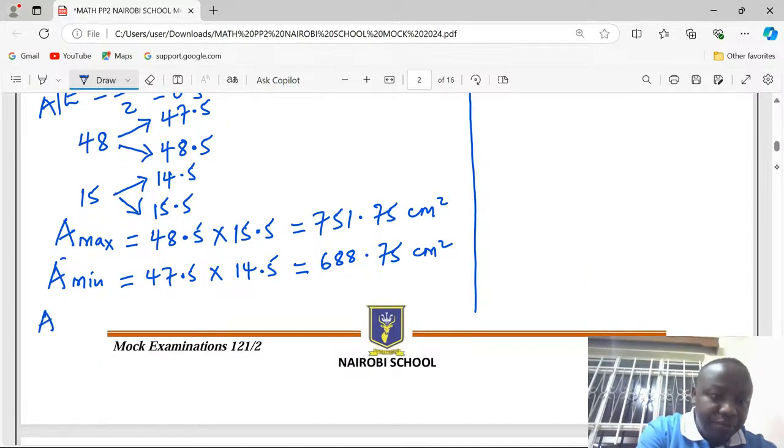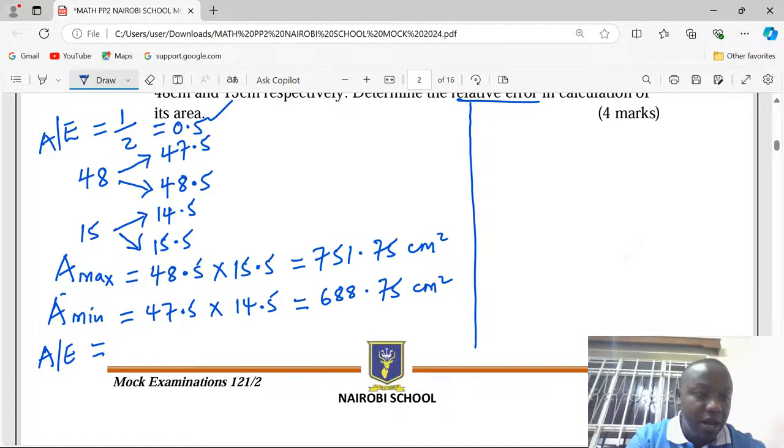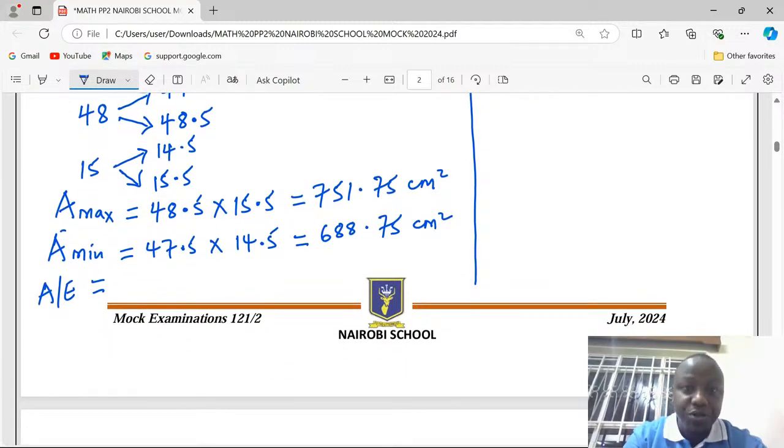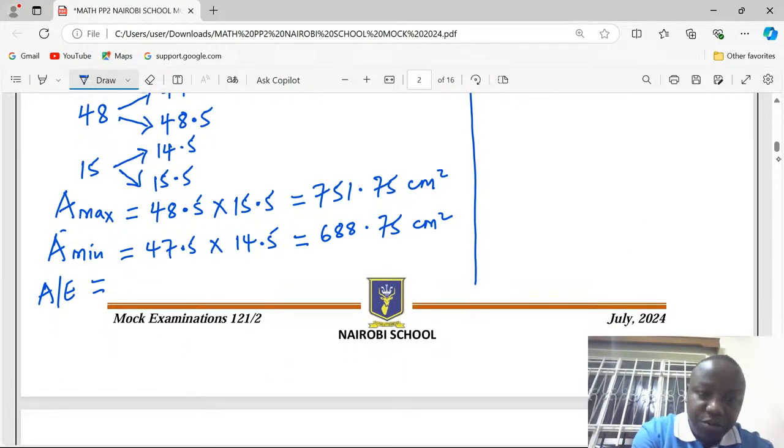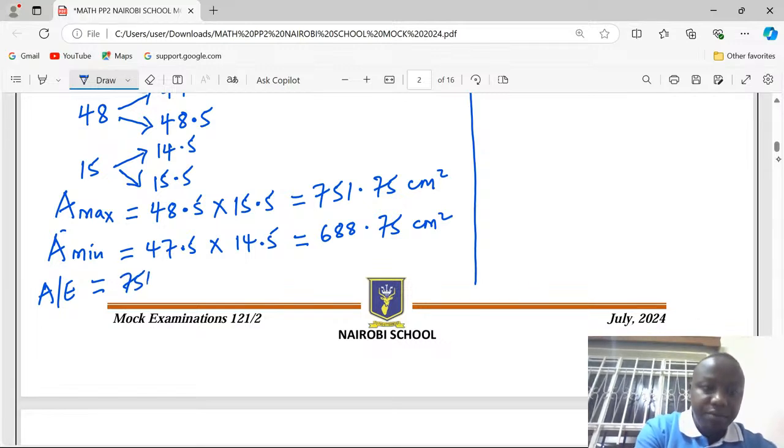With these two, we can talk about absolute error in the computation of the area. Remember, there was absolute error in the recording of the dimensions. Now we are talking about absolute error in the computation of the area, which is going to be given by maximum minus minimum area divided by 2. 751.75 minus 688.75, then divided by 2.